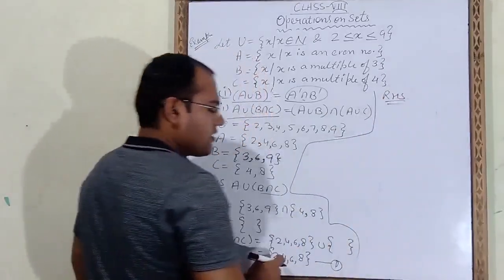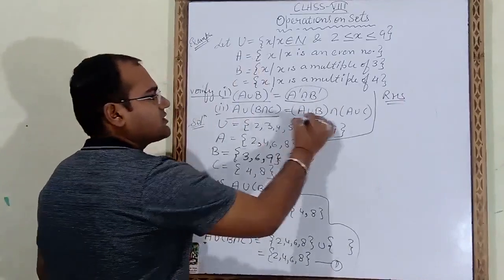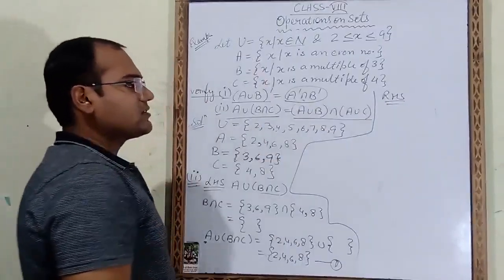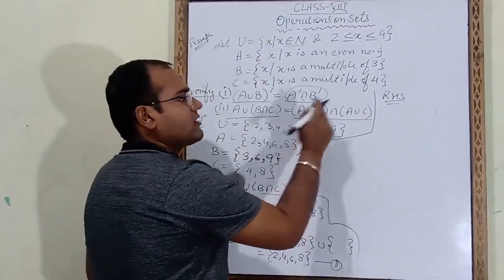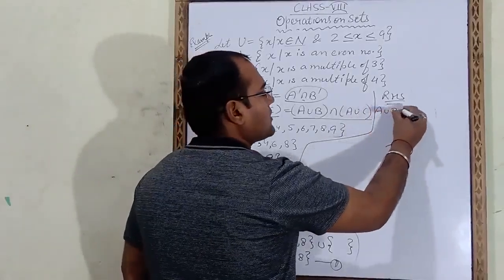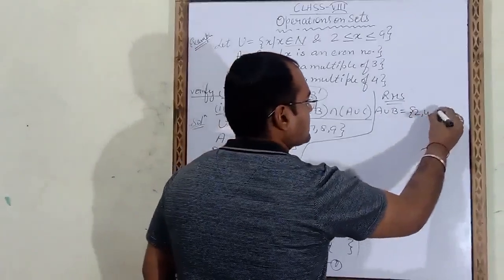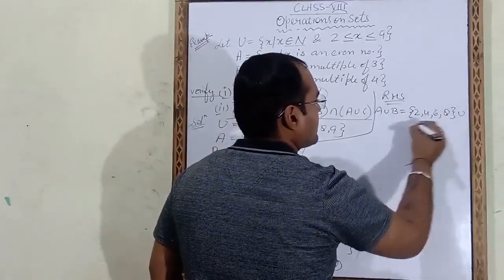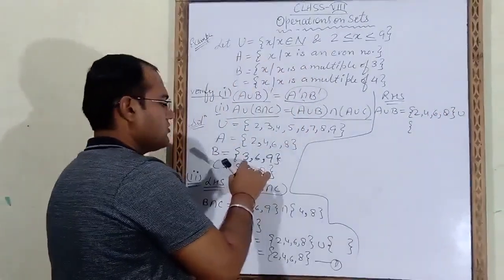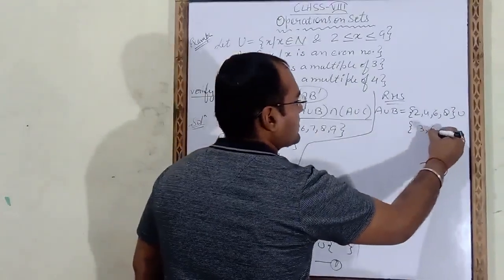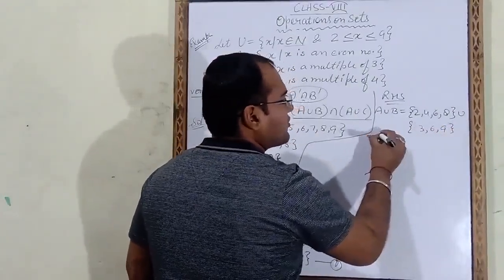Now we will solve the right hand side, RHS. The left hand side is over. In this, first of all you have to find A union B. A values are 2, 4, 6, 8. Union B values, 3, 6 and 9. So in union what you have to do?